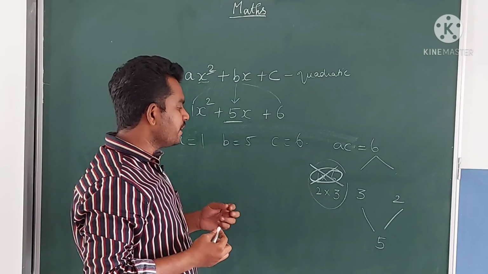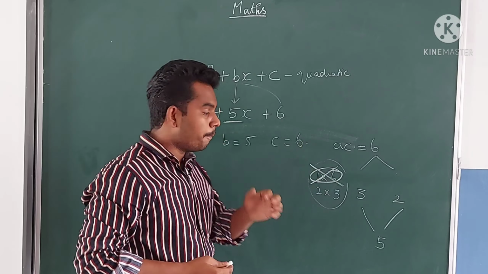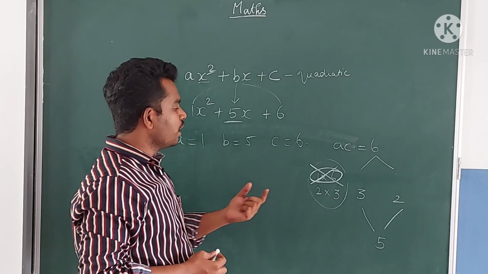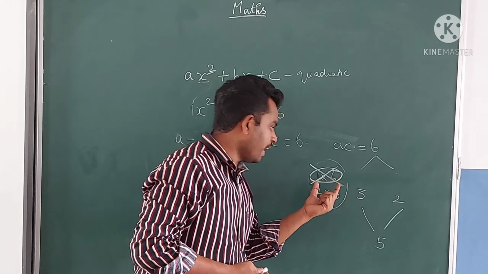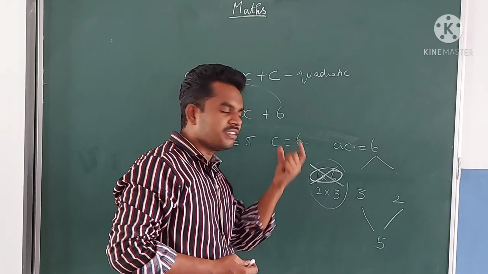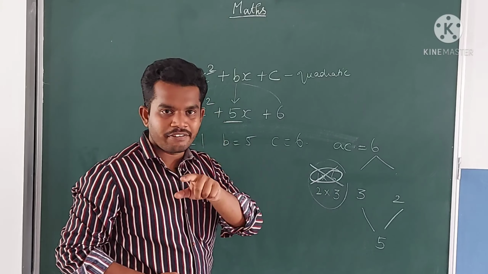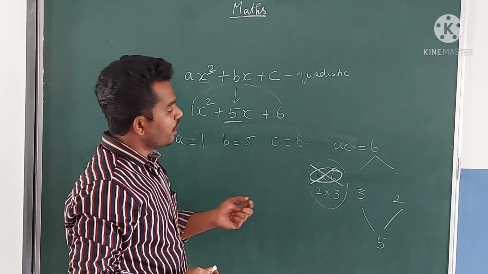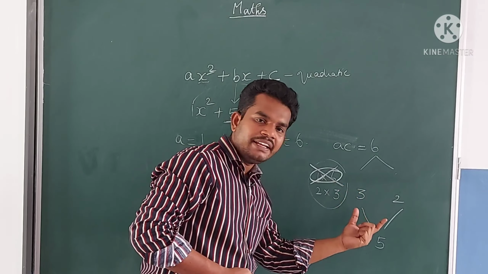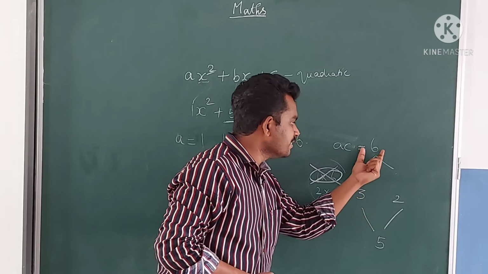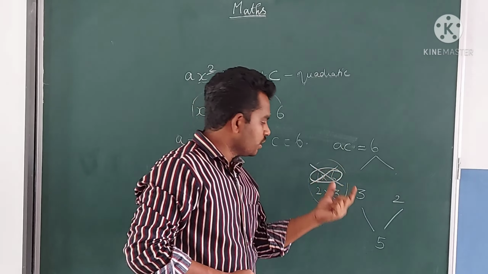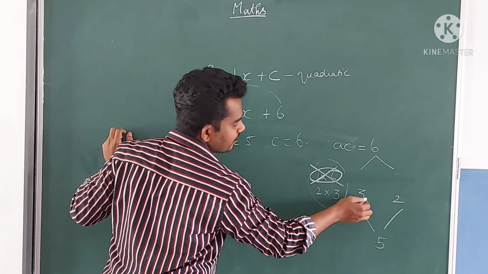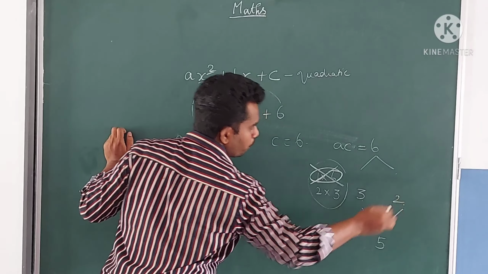Why? 1 and 6 give 6, but 1 plus 6 means you get 7, but we want 5. In this way you can find the factors for 6. So the factors are 3 and 2.